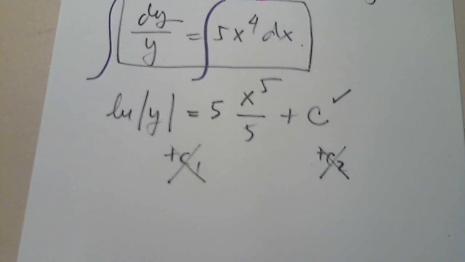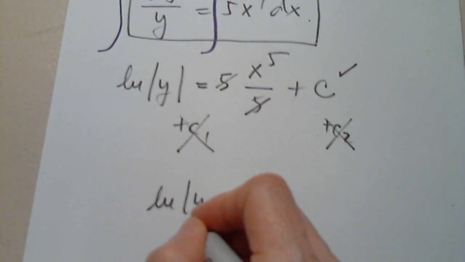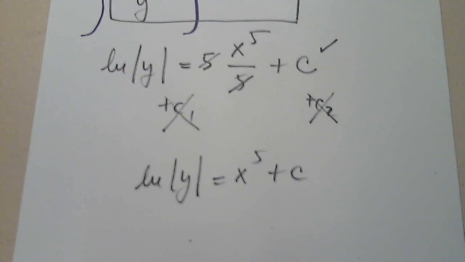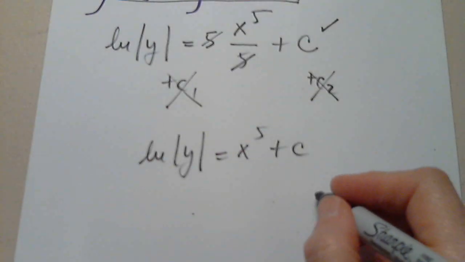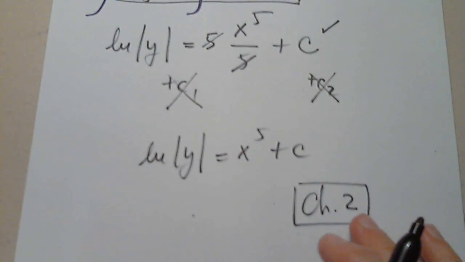Good. I simplify. So I get natural log of the absolute value of y equals x to the 5th plus a constant c. This is a huge leap forward, but it's not done. We have to dig deep from chapter 2, where I mentioned the most important thing is algebra.